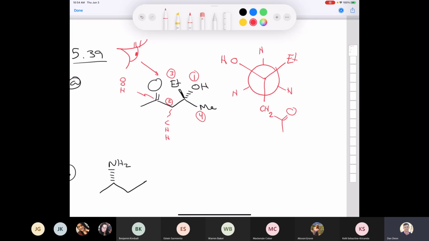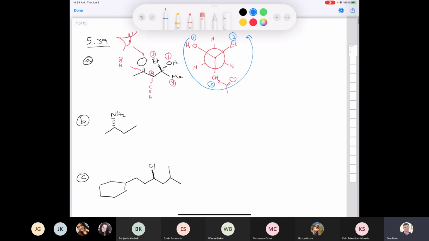So then you're going from your highest priority group, so 1 to 2 to 3, so you're going in that direction, which is S. Okay, so that's one way of doing it, would be to think about it in terms of a Newman projection. The other way is to redraw the molecule, so we could do that too.